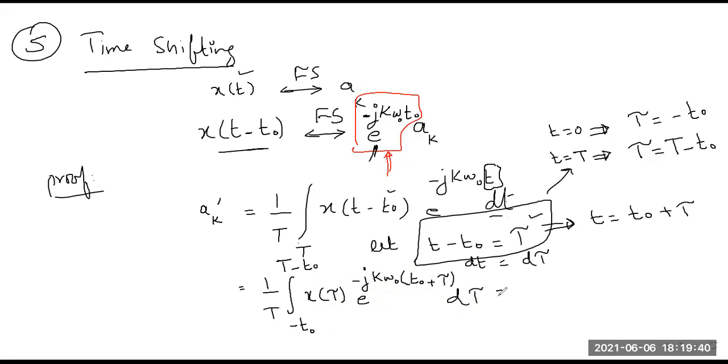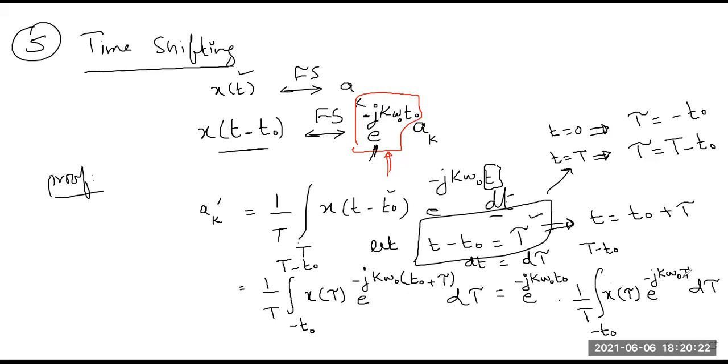We have e power minus jk omega naught t naught, and we are left with the integration from minus t naught to capital T minus t naught of x of tau e power minus jk omega naught tau d tau.